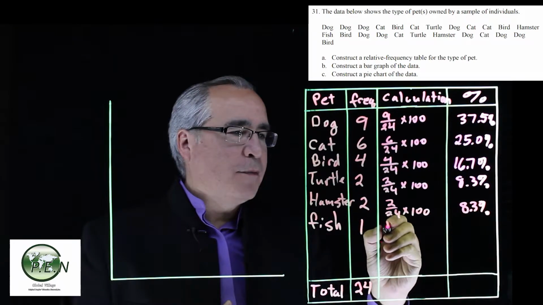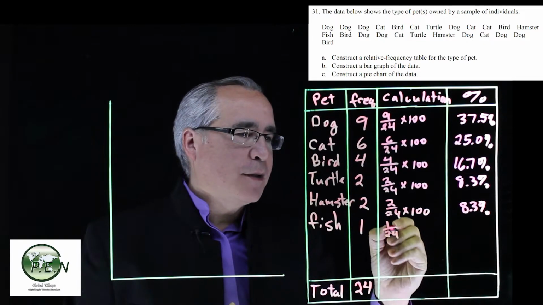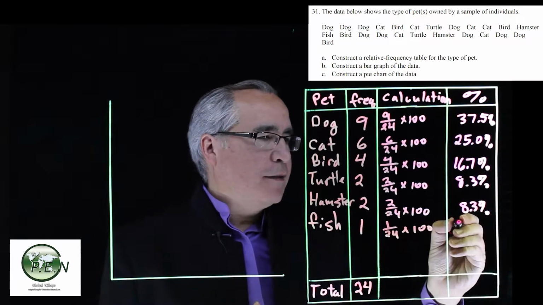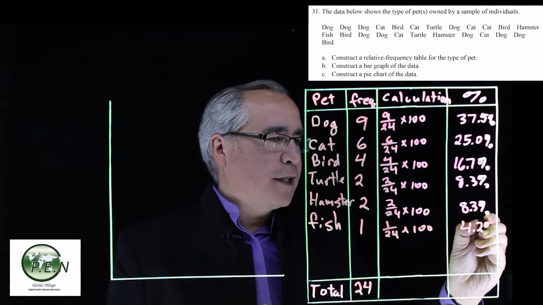And finally, we have 1 fish divided by 24 total pets times 100 gives us 4.2%.